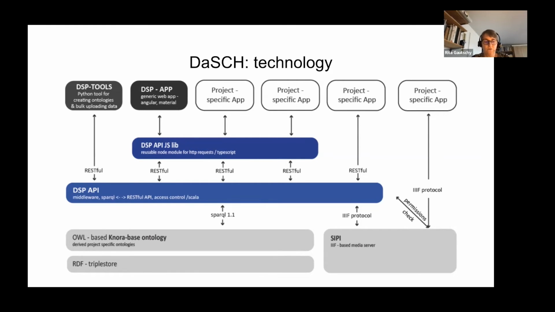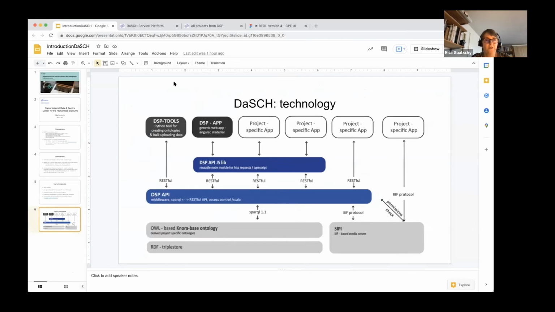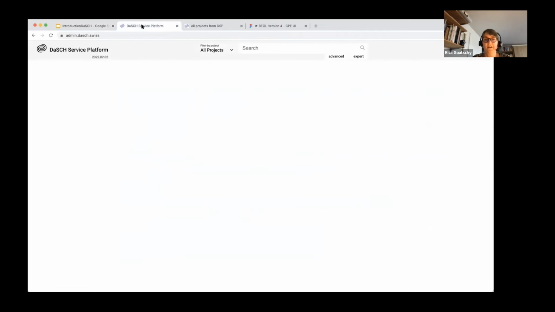Now I want to show you our generic web application. I'm now on our productive server. When you go there, you have up here a search bar. Here you can do a full text search. For this full text search, we use Lucene query syntax.